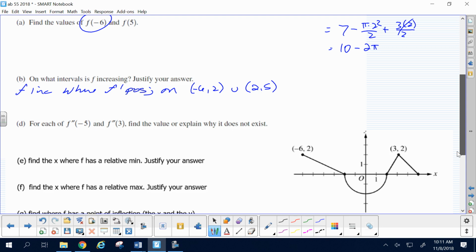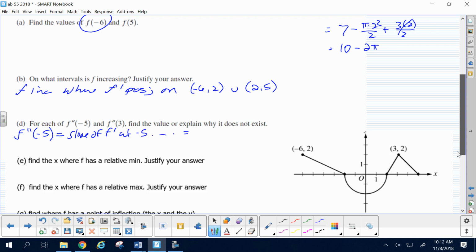For each of f double prime at negative 5 and f double prime at 3, find the value or explain why it doesn't exist. First, connect f double prime to f prime. F double prime is what relationship to f prime? Slope of f prime. Okay? Slope of f prime, or the derivative of f prime, obviously, at negative 5.